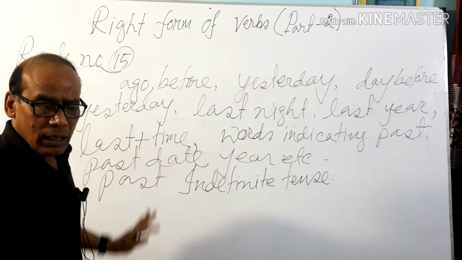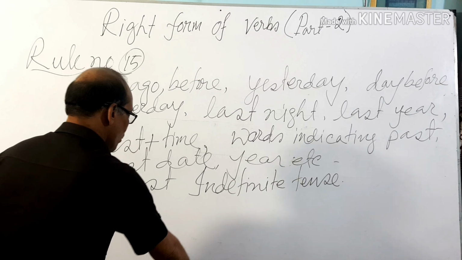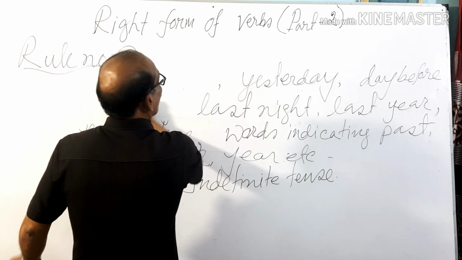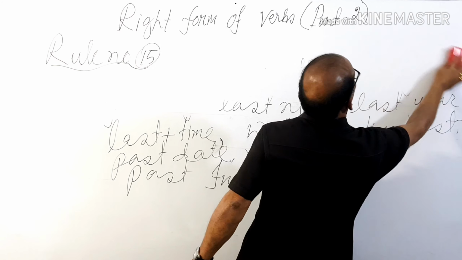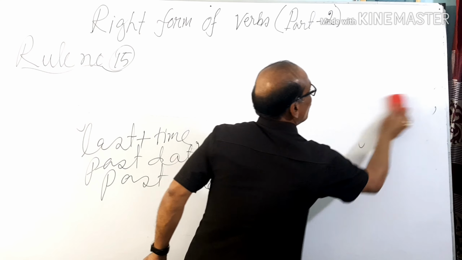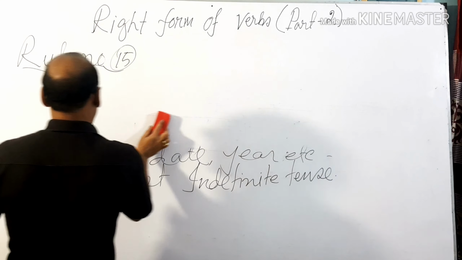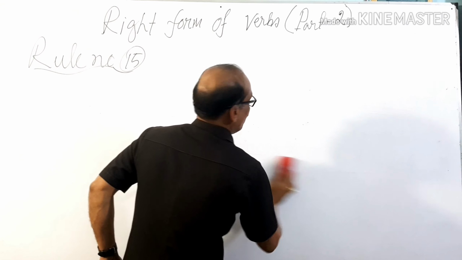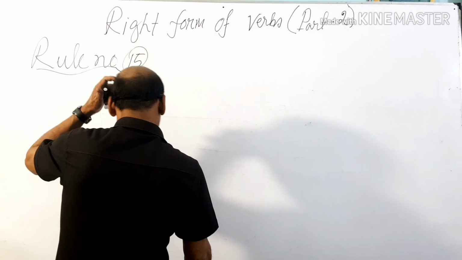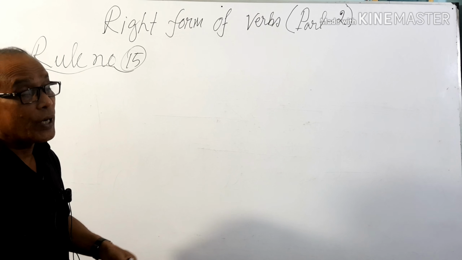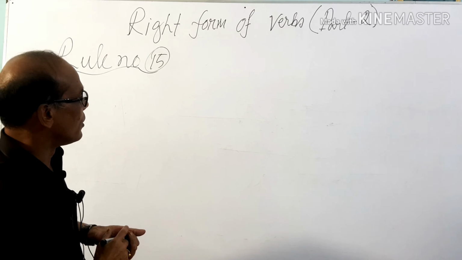And actually these are rules to be remembered. So cautiously, dear learners, you will have to remember or bear these rules in your mind to be correct in making sentences. Past indefinite. So if we find such type of words indicating past time, we'll have to use past indefinite tense.